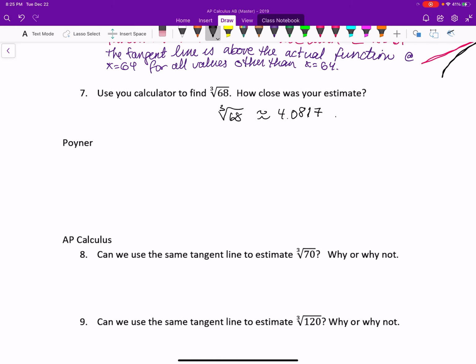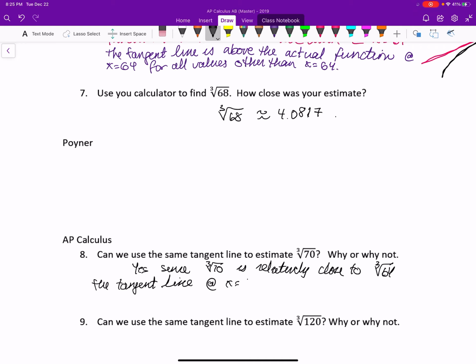So yes, since the cube root of 70 is relatively close to the cube root of 64, the tangent line at x is equal to 64 is still close to f of x at x is equal to 70.